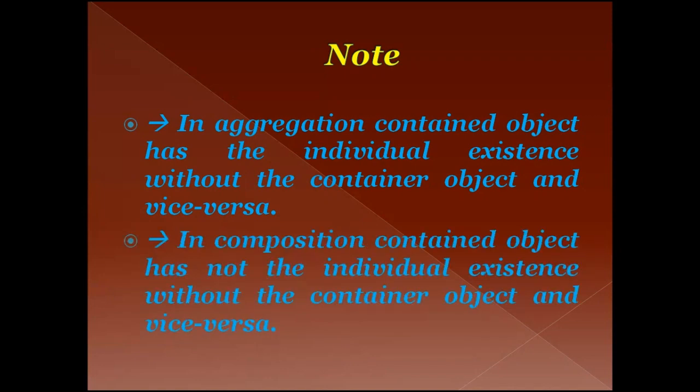In composition, the content object does not have an individual existence without the container object, and vice versa. Vice versa means the engine does not have an individual existence without the car, and the container object also has no individual existence without the content object.